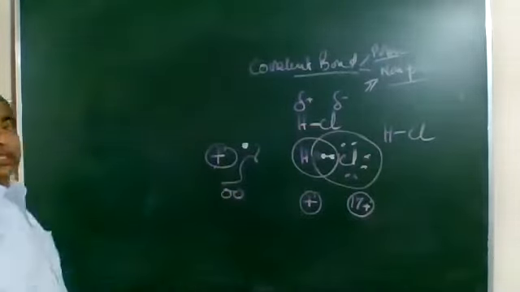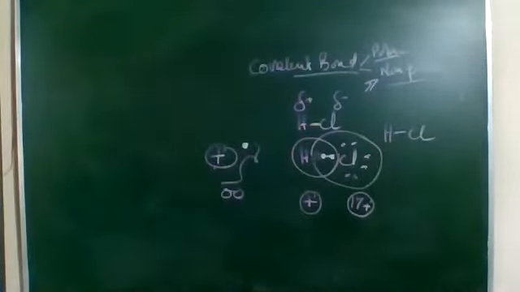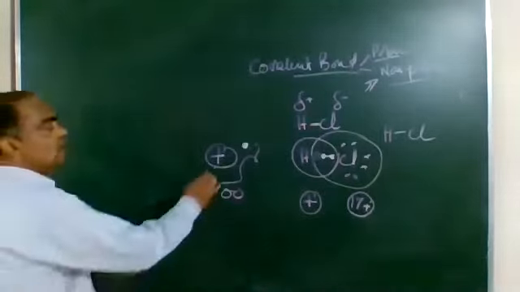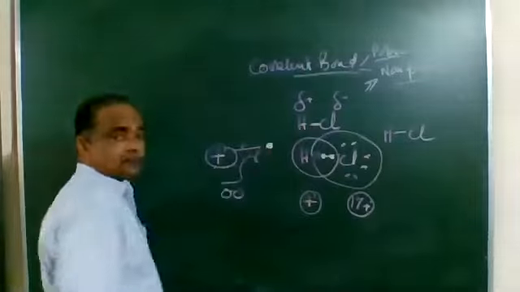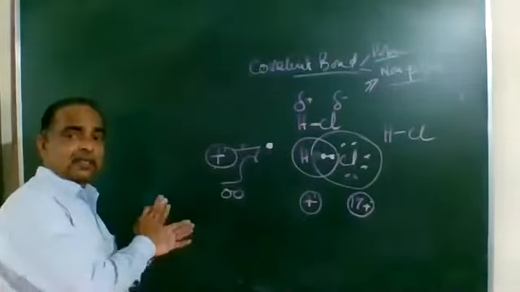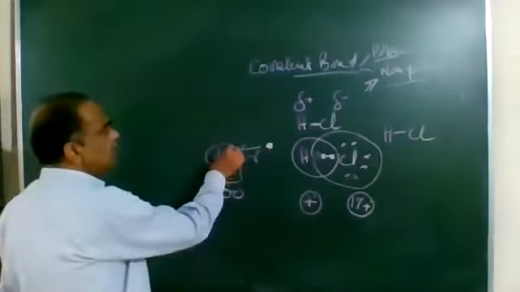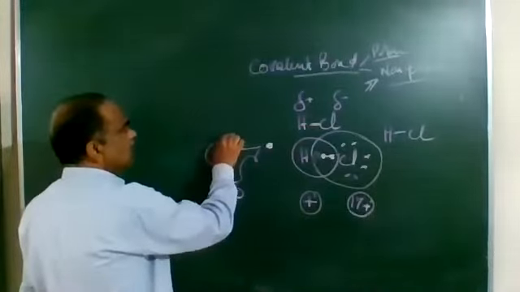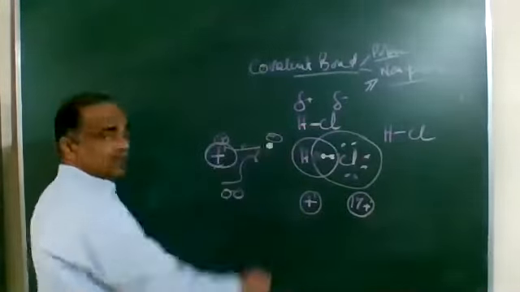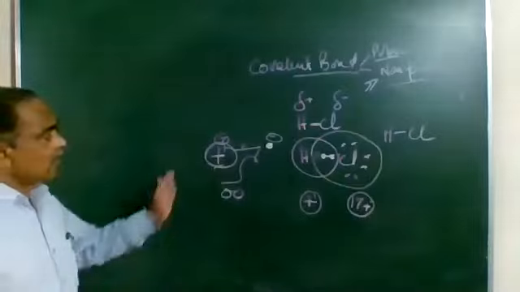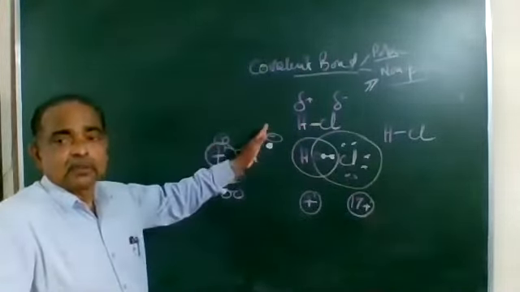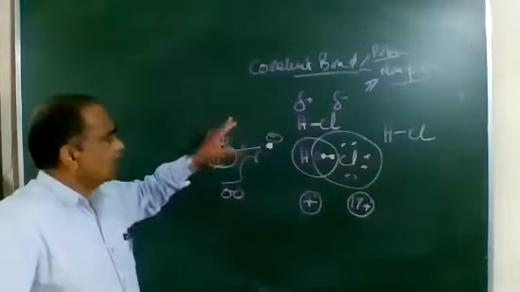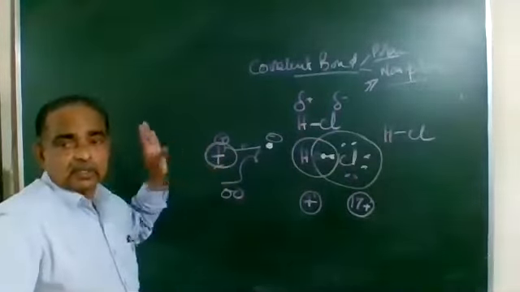When the electron is in that particular position, the atom is electrically neutral. Now, if this electron is shifted a little far away, then this will develop a little positive charge and this will develop a little negative charge. When the electrons are slightly shifted, moved away from the nucleus, the nucleus will show a little bit of positive charge.